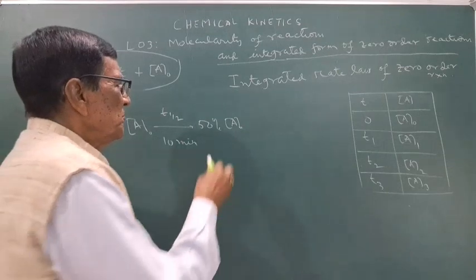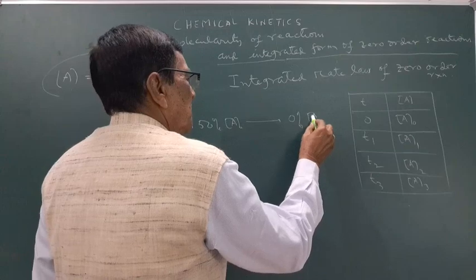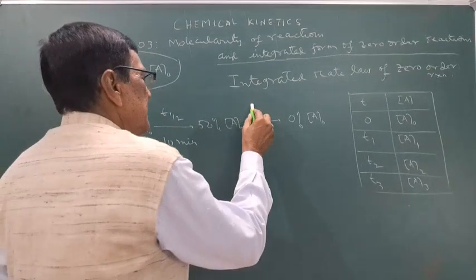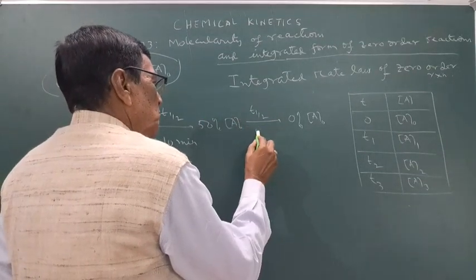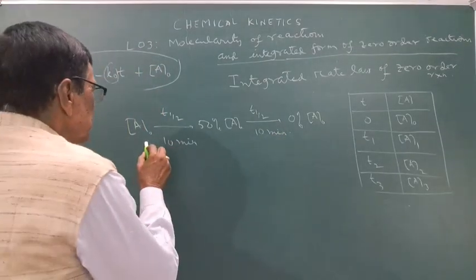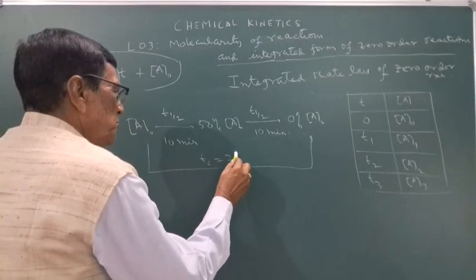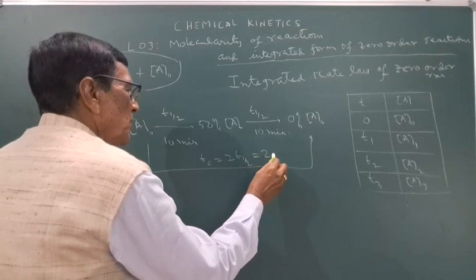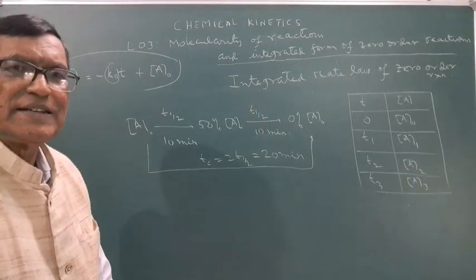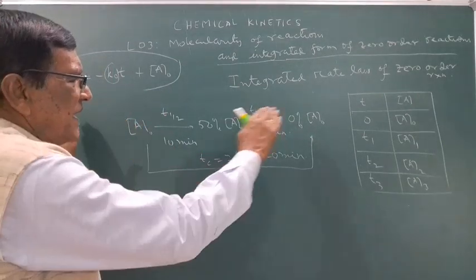From this to 0% of A naught means the reaction is complete. In this case T half is also 10 minutes. So from this one directly to this one, it is Tc, equal to twice T half, equal to 20 minutes. You can show it by means of a figure.